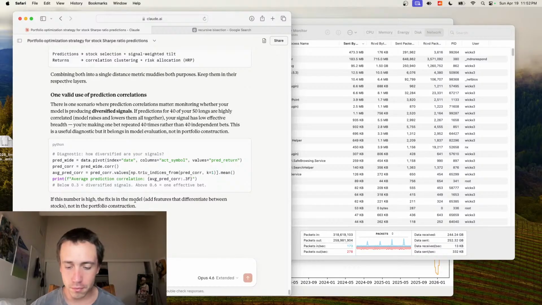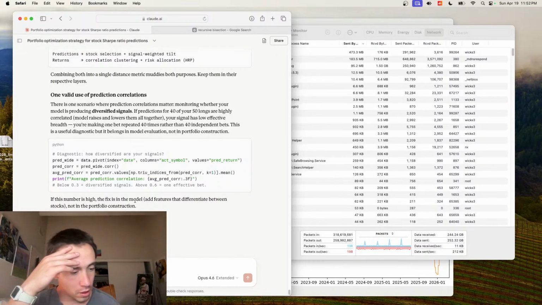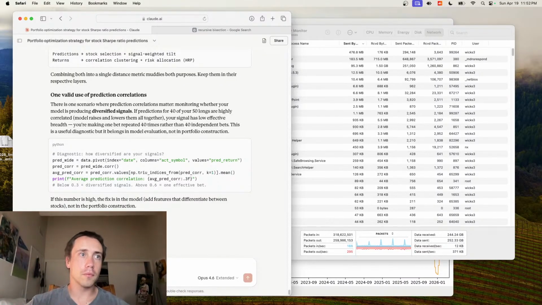So, number 2, use the hierarchical correlation structure to quasi-diagonalize the covariance matrix. I don't know what that means, really.